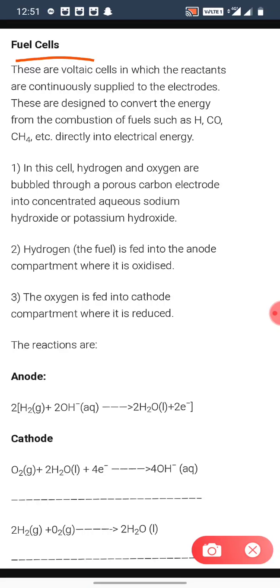So the fuel cell is basically a source of high supply of energy.